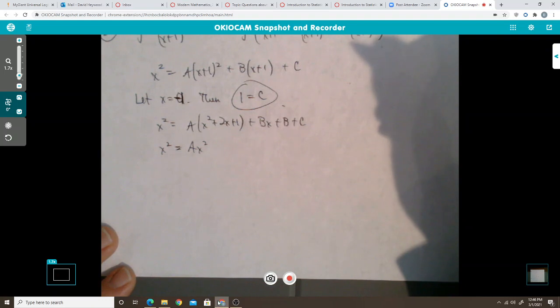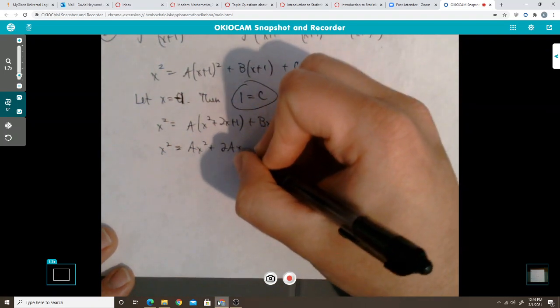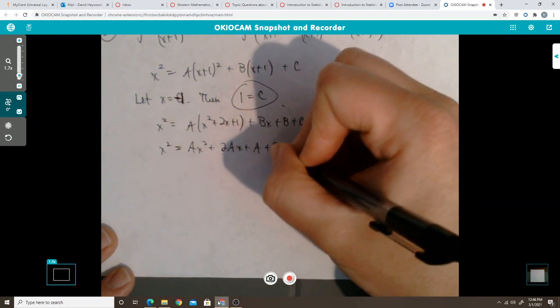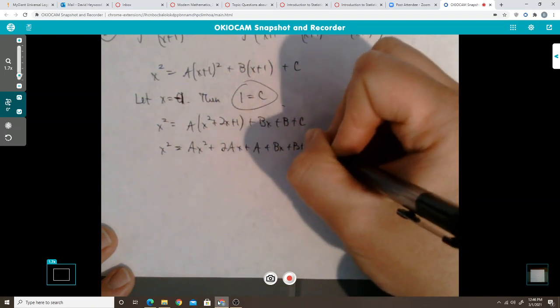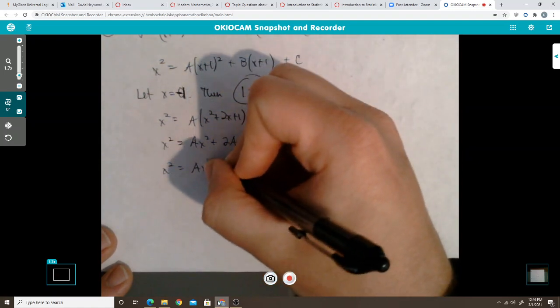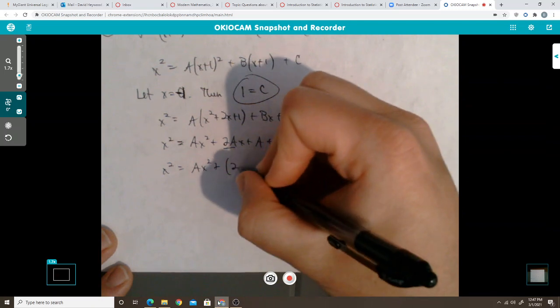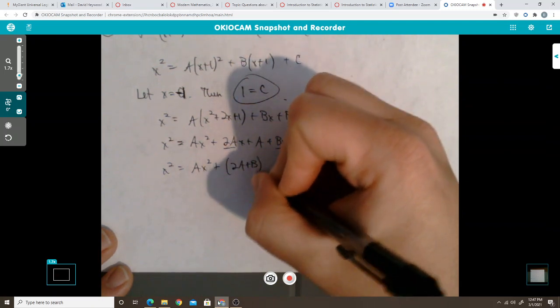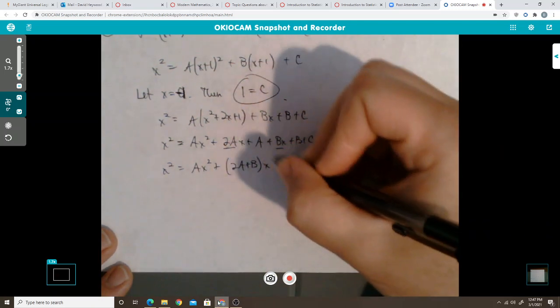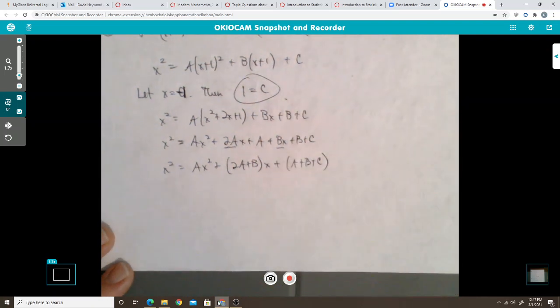Well, there you go. So A has to equal 1, right? Plus 2Ax plus A plus Bx plus B plus C. I'm going to take it just one step further. So I got Ax squared plus 2A plus B x, and then plus A plus B plus C for my constants, right?